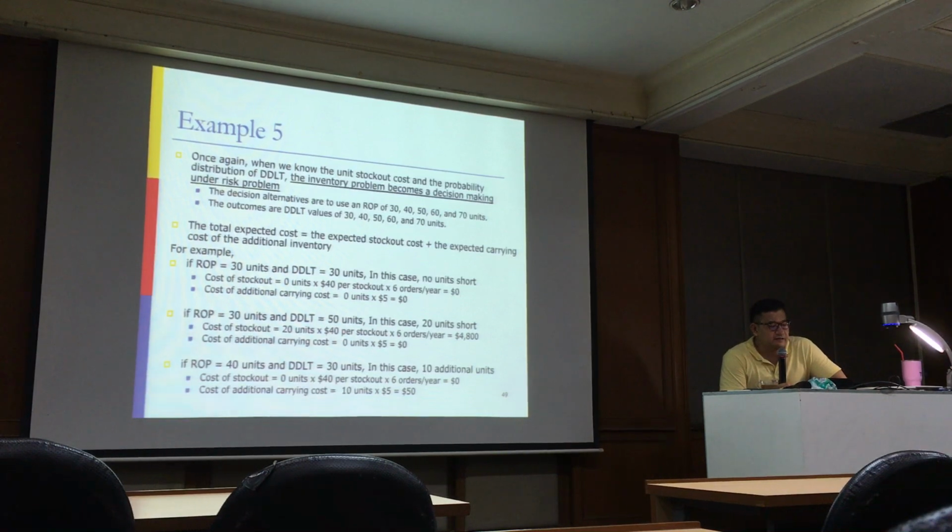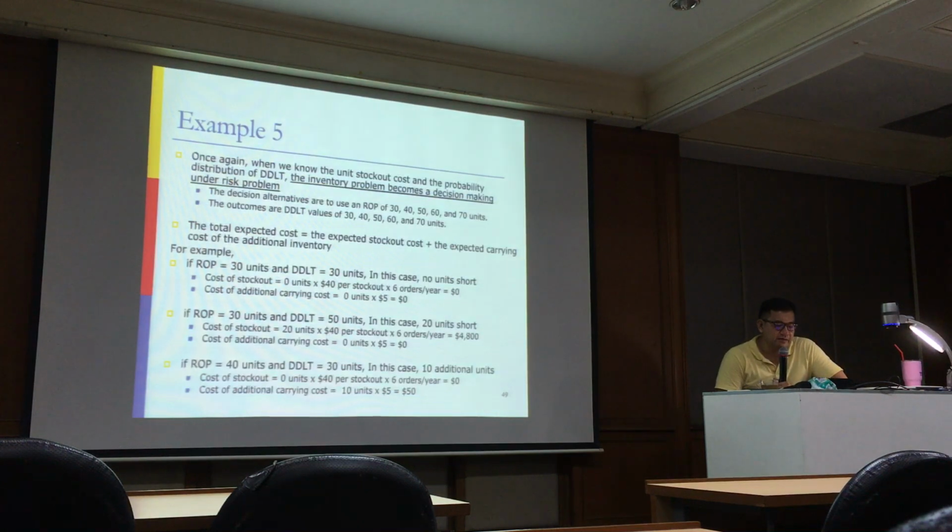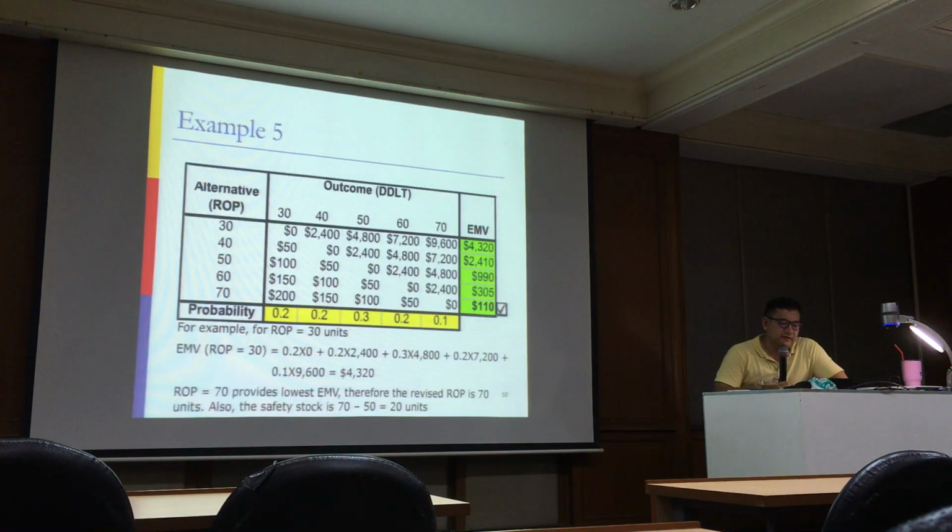When we analyze this, we use the number of units shown here as both alternative and outcome. So we have 5 alternatives, 30, 40, 50, 60, and 70, and the outcomes or demand during lead time are also 30, 40, 50, 60, and 70.